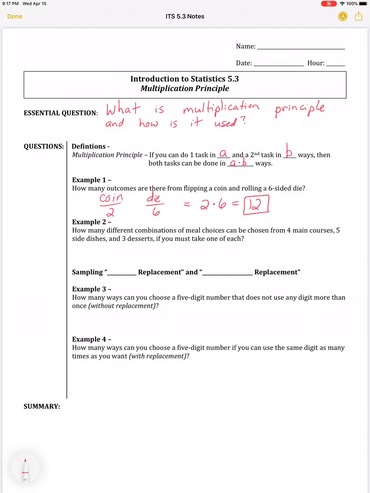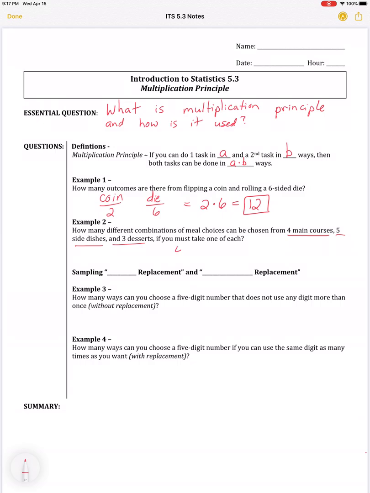Example 2. How many different combinations of meal choices can be chosen from 4 main courses, 5 side dishes, and 3 desserts if you must take one of each? So you're going to eat somewhere, and you have to choose one of 4 main courses, one of 5 side dishes, and one of 3 desserts.